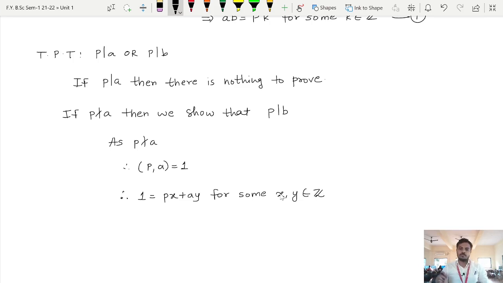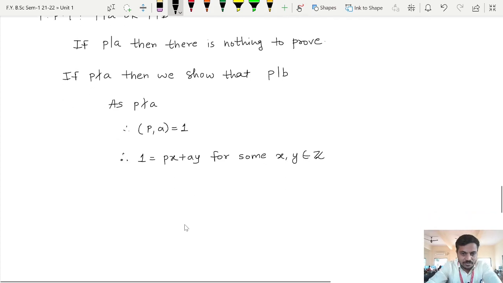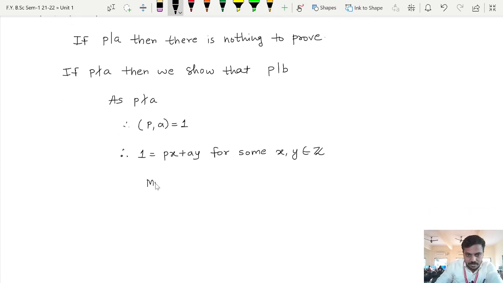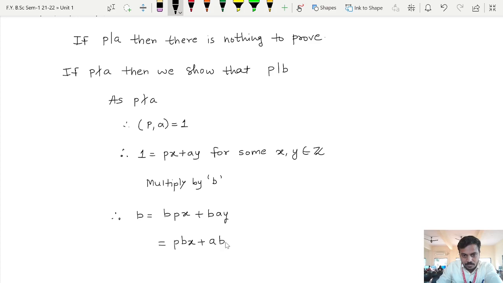Note that we have to prove P divides B, means B is equal to P multiplied by some number. So what I will do is multiply this equation by B. If you multiply this equation by B, your left hand side will be B, and on the right hand side we will get BPx plus BAy, which can be further written as PBx plus ABy.